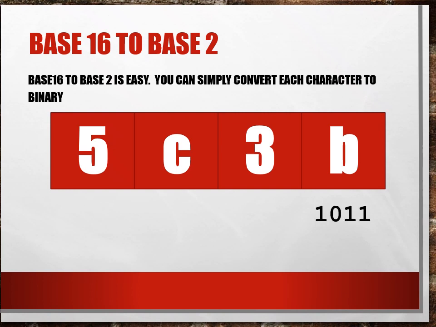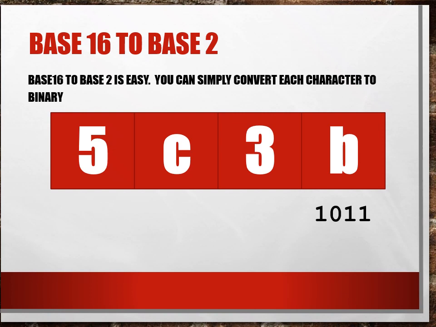What I can do is, every single one of these hex digits is a value between 0 and 15. 16 possible values, which is 4 bits, right? So the letter B, which is the number 11 in decimal, I can store in its binary representation.